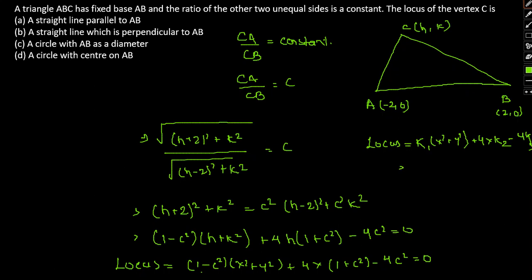If we further break this down, we get k(x square plus y square) plus 4k2 x minus k dash. So this is basically the locus when k are different constants.